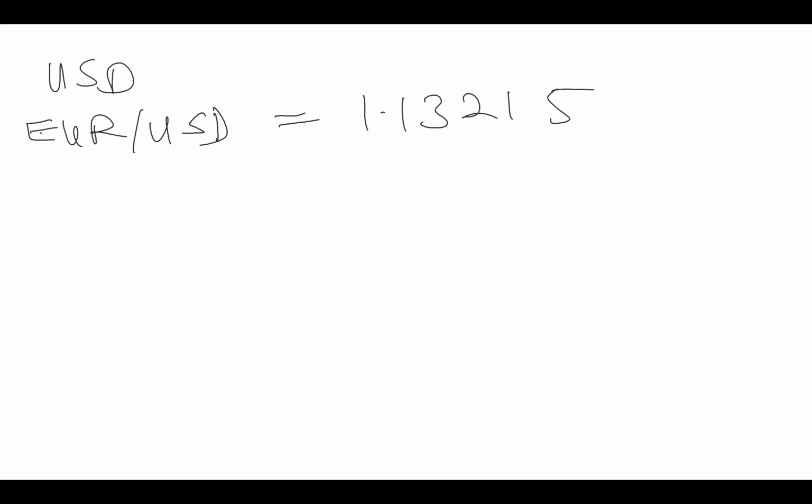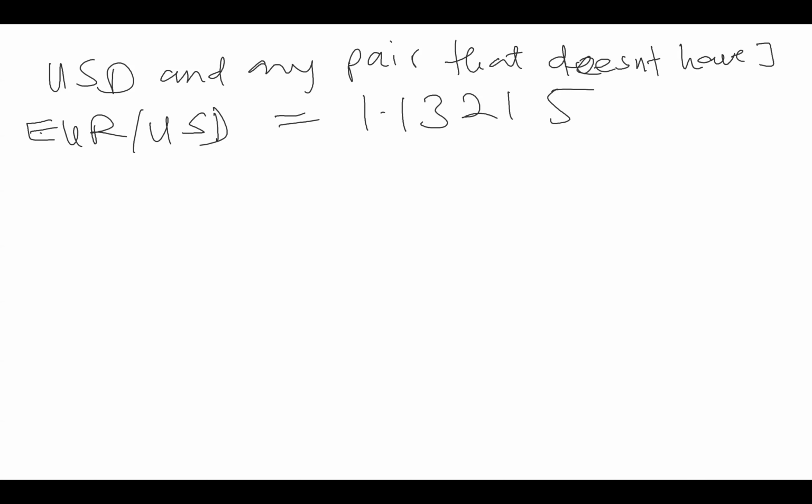All right, so guys, just look at this. If we are counting pips in any currency, in fact, this is how you count pips for USD and any other pair that does not have JPY. The third and fourth number after the decimal is your pip.